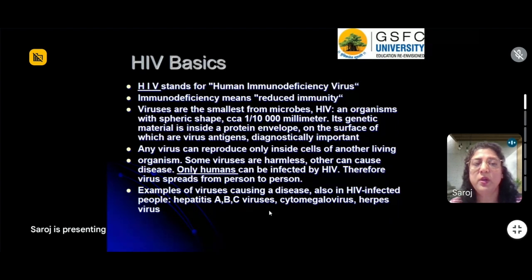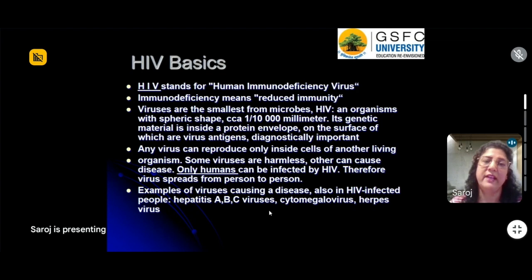When we talk about human immunodeficiency virus, as the name suggests, only human beings are affected by it, and this is one virus that spreads from one human being to another. Additionally, those people who have HIV infection would also be co-infected by other viruses.